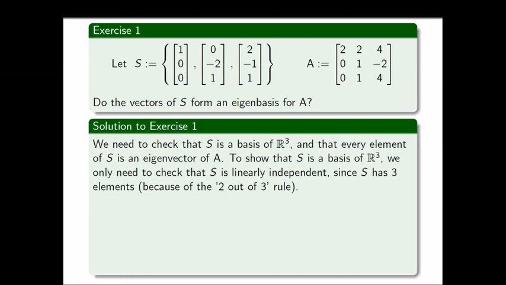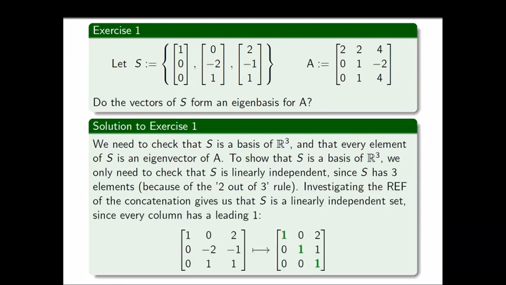And if you remember the 2 out of 3 rule, it said that when you have the correct number of vectors, you can either show that S is linearly independent or it's a spanning set. So we're going to go with linear independence because it's easier.